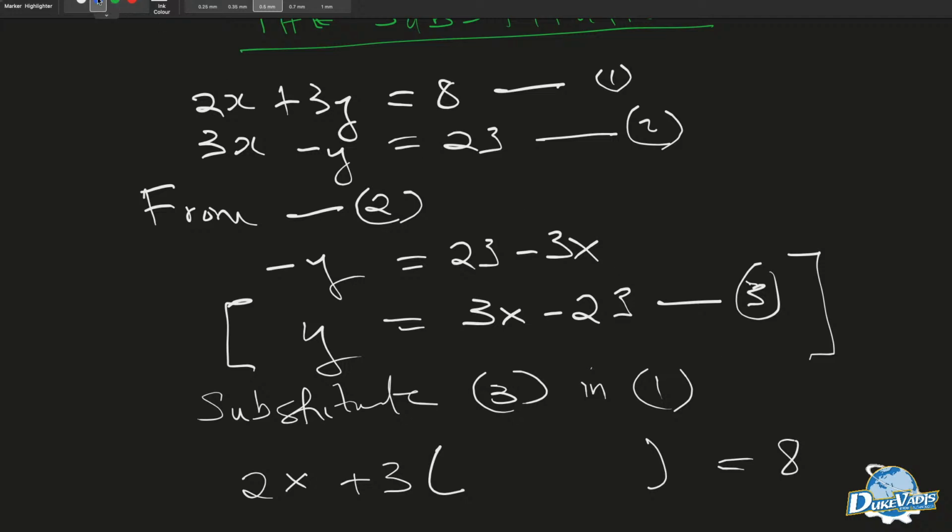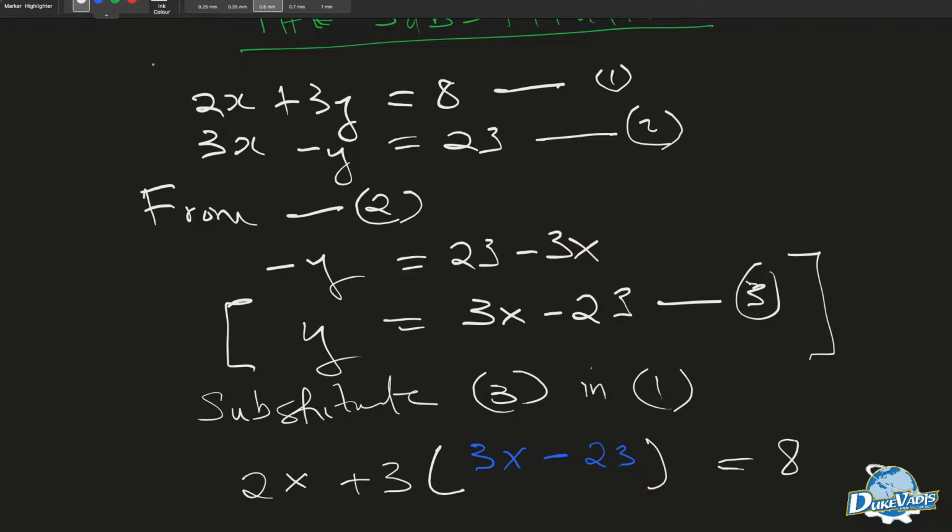So our equation 3 is 3x minus 23. So this is what we get, and we have to expand it.